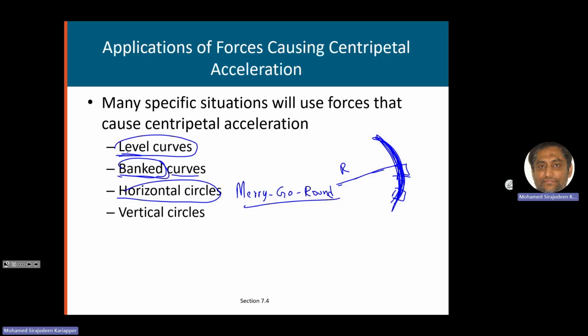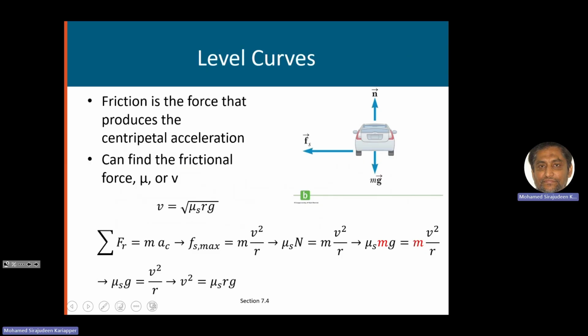That's a merry-go-round, a horizontal platform. So that is an example where we can apply our knowledge. Vertical circle, roller coasters. This is for adults, children are not allowed, where the thing goes up like that vertically. That is roller coasters. So we will take these examples one by one and see how we can apply the centripetal force that we learned.